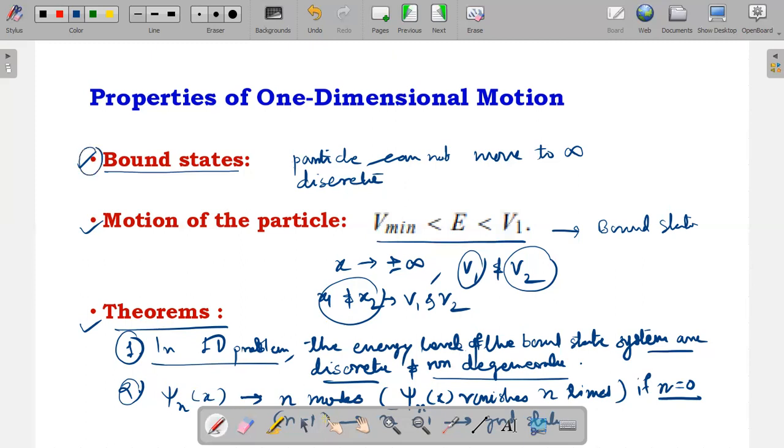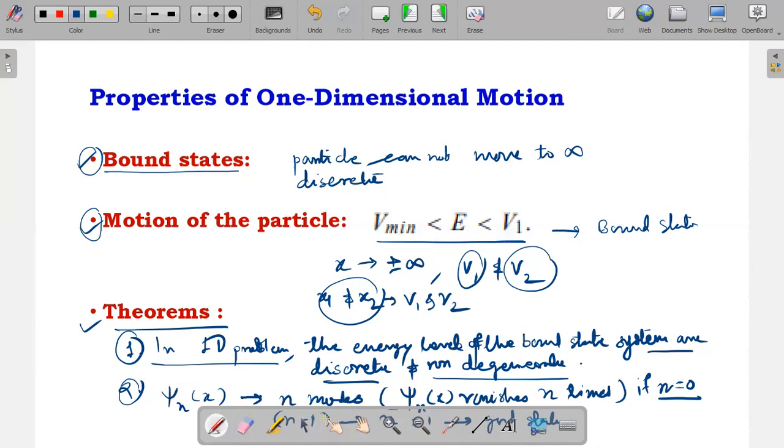Then explain the concept of the bound state, and the motion of the particle between V min and V1. For x tending to plus or minus infinity, you will get V1 and V2. Then write the theorems: in a one-dimensional problem, the energy levels of the bound states are discrete and non-degenerate.